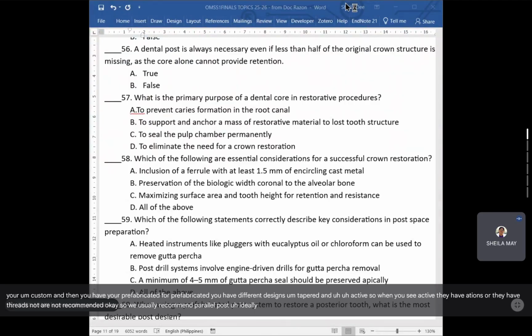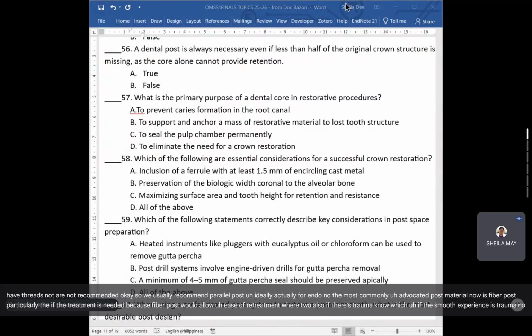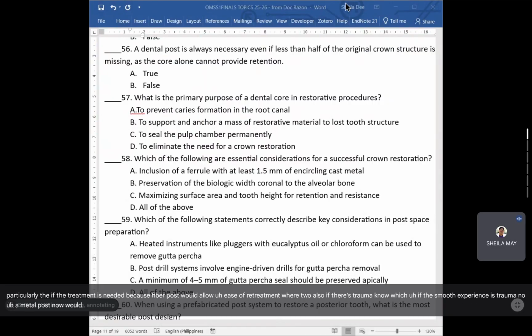Ideally, for endo, the most commonly advocated post material now is fiber post, particularly if retreatment is needed, because fiber post would allow ease of retreatment. Number two, if this tooth experiences trauma, a metal post would in all likelihood cause root fracture, while a fiber post is not likely to.